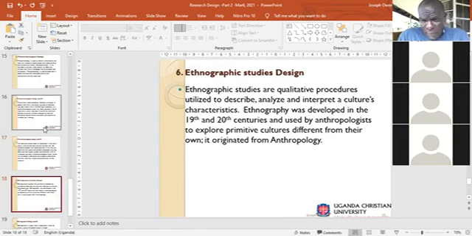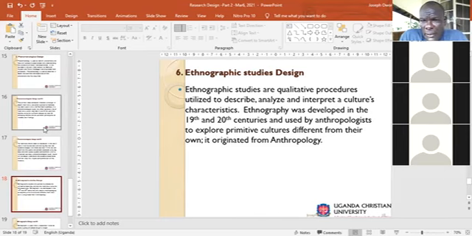And finally, we go to the ethnographic study design. Ethnographic studies are qualitative procedures utilized to describe, analyze, and interpret cultures' characteristics.